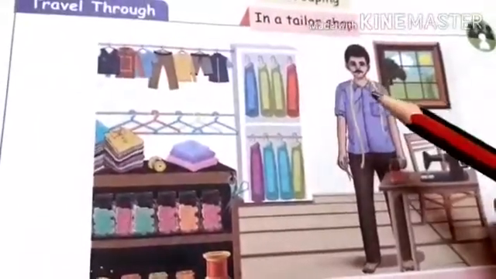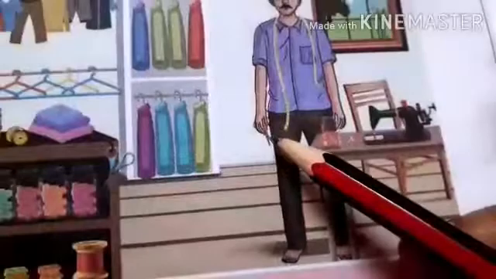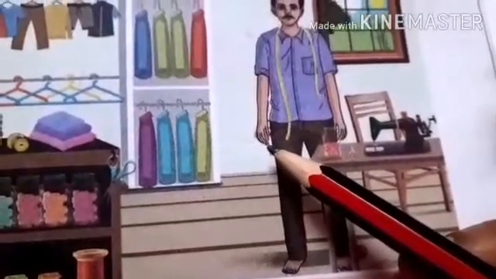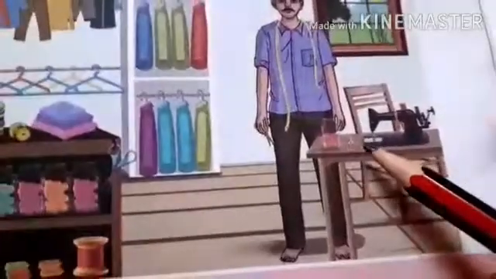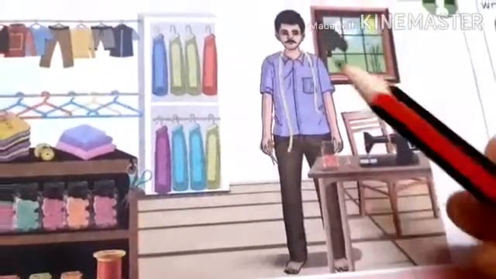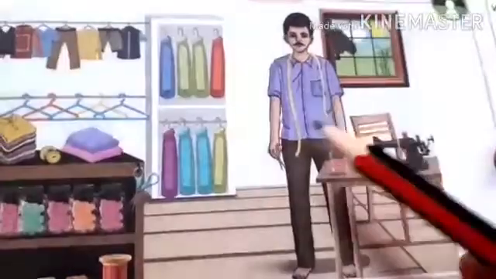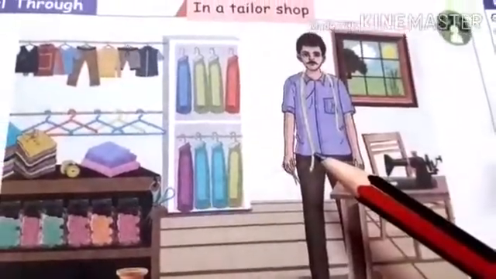So the tailor man is standing here and he has scissors in his hand. See here, he has scissor in his hand, one scissor and another scissor on the table, and tailoring machine is on the table. So he is having tape in his neck. So like that you have to notice all this. Okay.